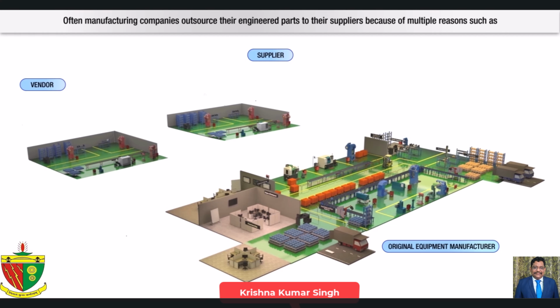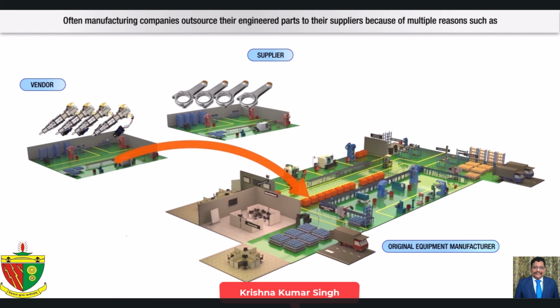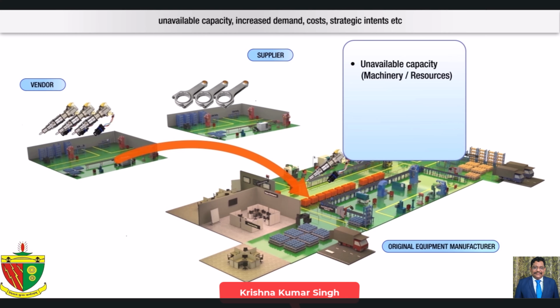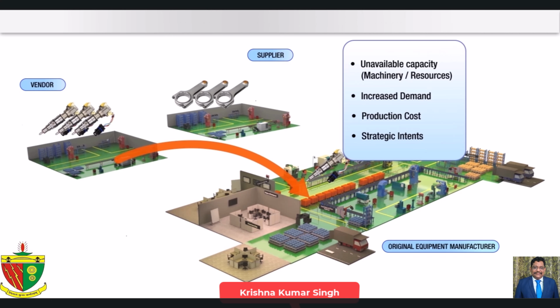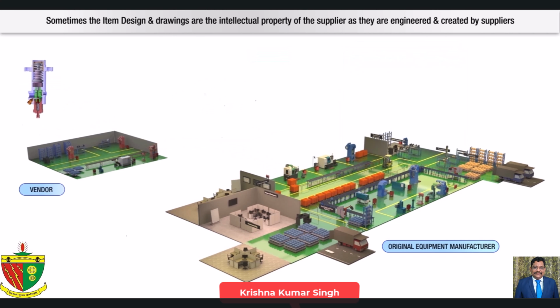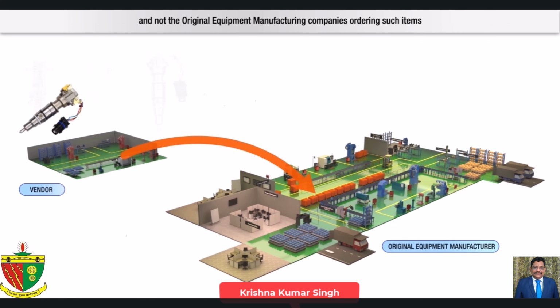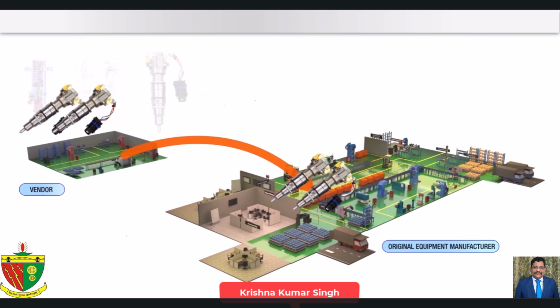Often, manufacturing companies outsource their engineered part to their suppliers because of multiple reasons such as unavailable capacity, increased demand, cost, strategic intents, etc. Sometimes, the item design and drawings are the intellectual property of the supplier as they are engineered and created by suppliers and not the original equipment manufacturing companies ordering such items.